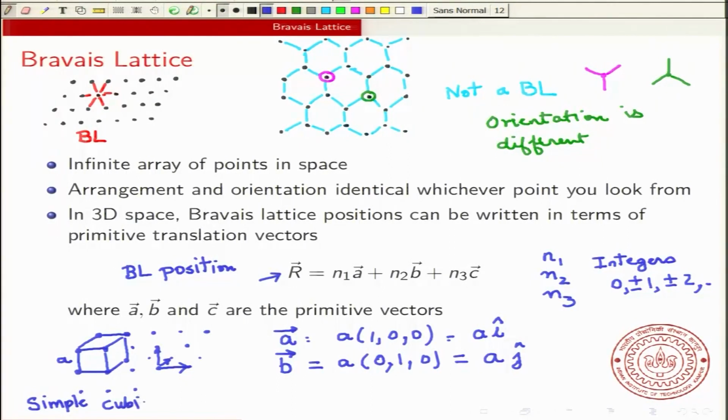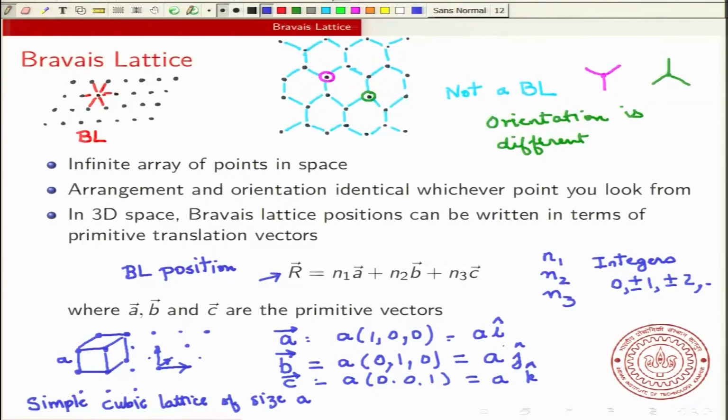So, keep in mind we are considering a simple cubic lattice of size A. That means the lattice parameter is A. And C looks like A times 0, 0, 1, or I can write it simply as A times k hat, where k is a unit vector along the z direction.